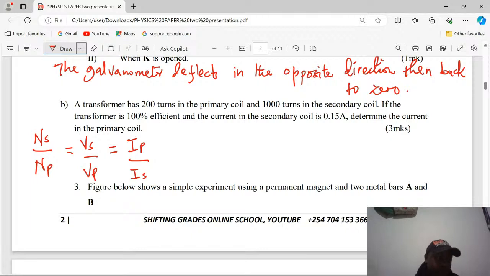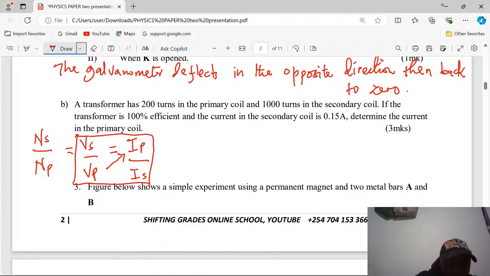This is because for an ideal transformer, we expect 100% efficiency, whereby power input and power output are equal. And so when you consider the last part of the equation, you will discover that for an ideal transformer, if you cross multiply, you have voltage in the primary times current in the primary, which gives power input.